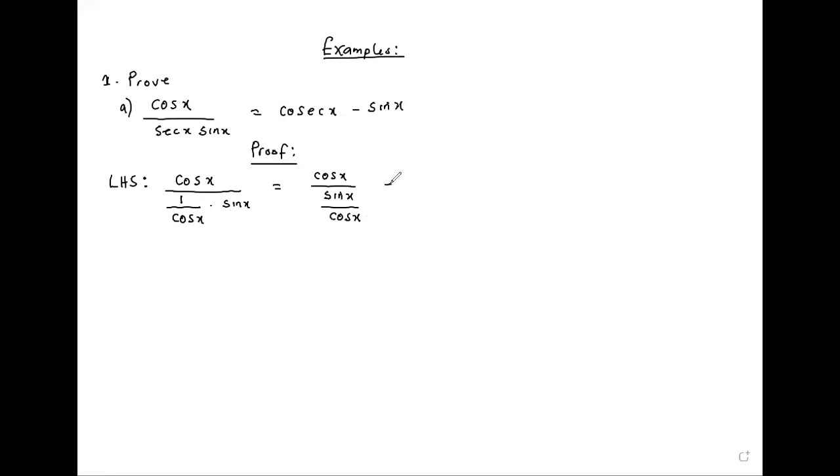But this is just cos squared x over sin x. Is it? Yes, it is.